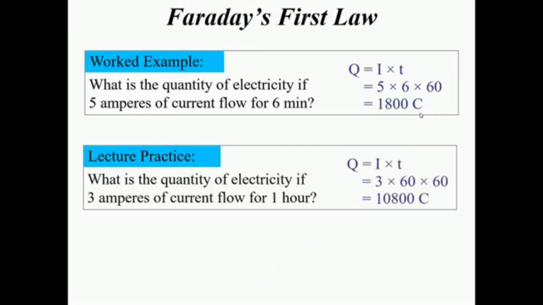We have 3 ampere, so I is 3. 1 hour, which is 60 minutes, convert it to seconds. So the time is therefore 60 times 60, and that gives us an answer of 10800 coulombs. Did you get it right? Good.